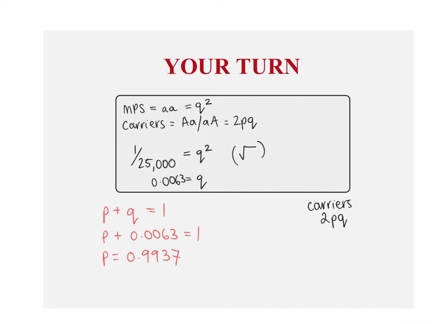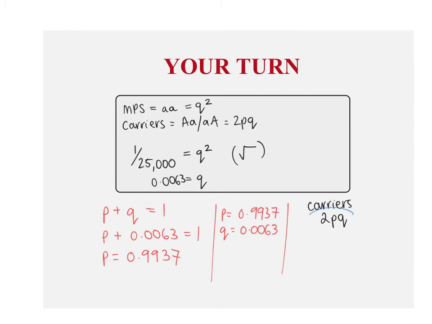Okay, so now I've got my p value, which is 0.9937, and my q value, which is 0.0063. And the final thing to do is find out what my carriers are.